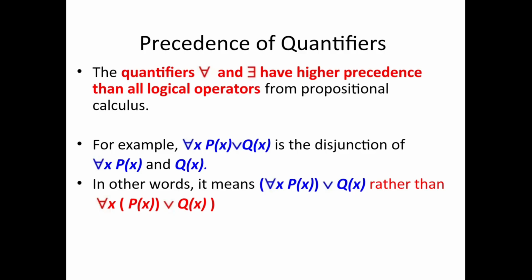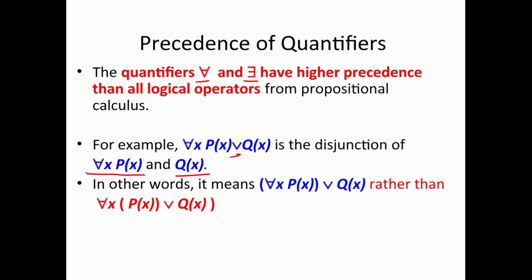So the precedence of quantifiers: the quantifiers for all and there exists have higher precedence than all logical operators from propositional calculus. For example, for all x, p of x, and or q of x is the disjunction of for all x of p of x and q of x.